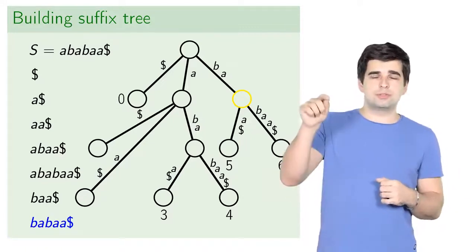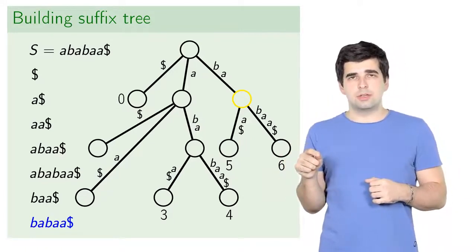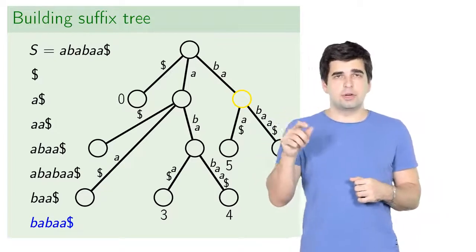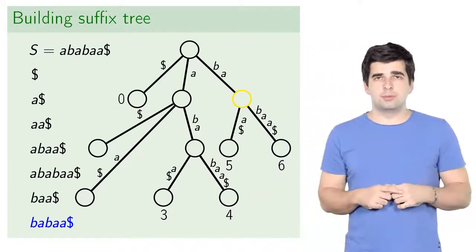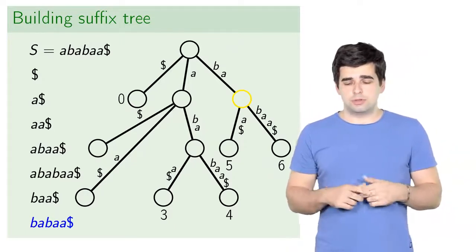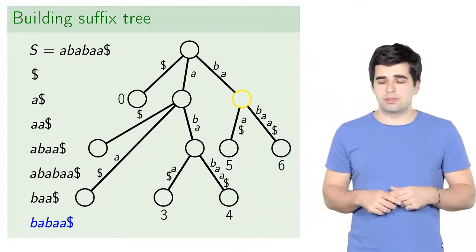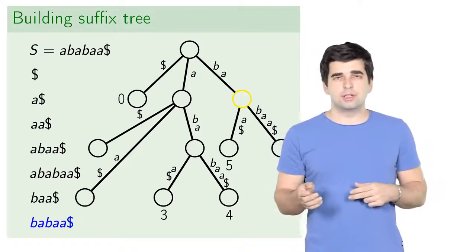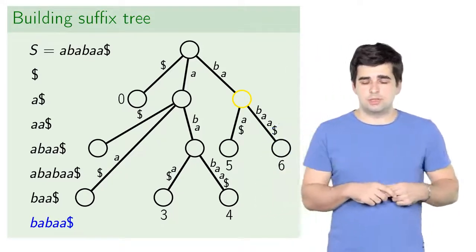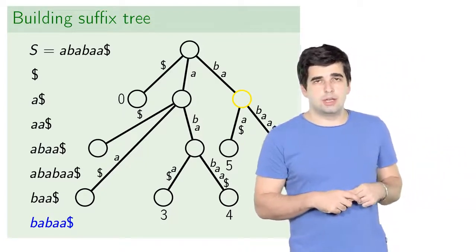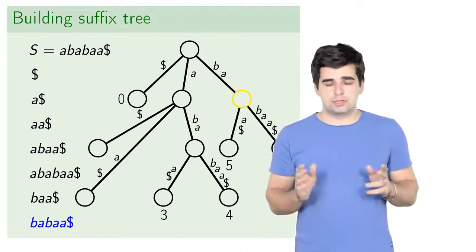As soon as we jumped to the longest common prefix or higher, we stop. How do we know whether we're higher than the longest common prefix or not? We need to also store the depth in the nodes, and the depth is the number of characters on the path from the root to this node. But this is easy to keep during the suffix tree construction, so I'll just assume we have it.